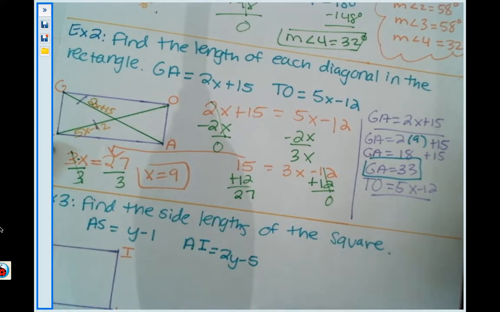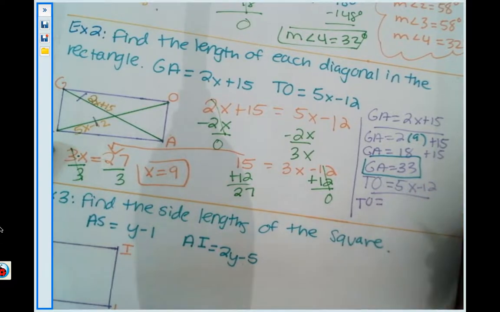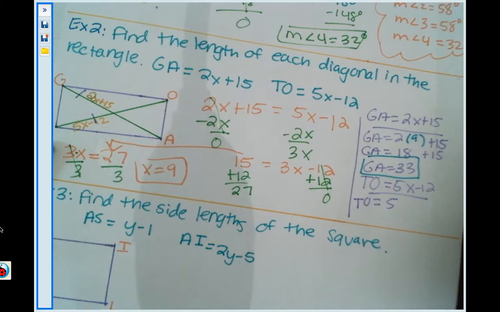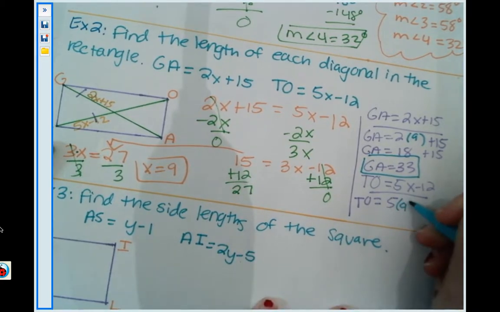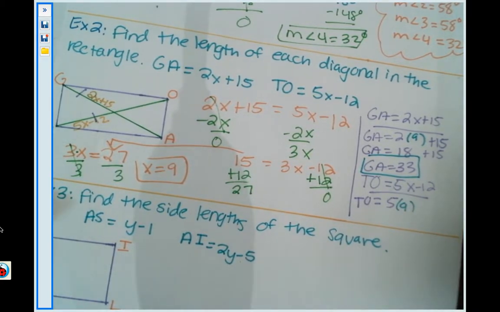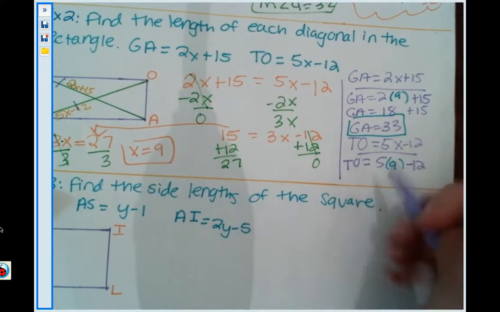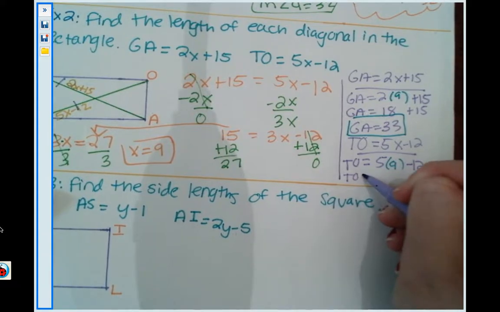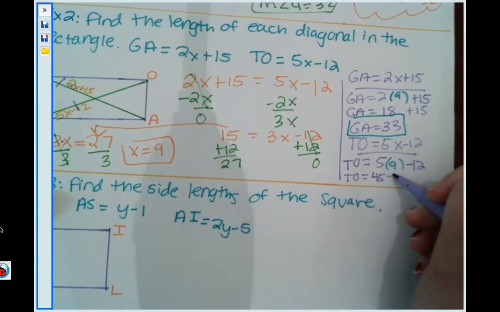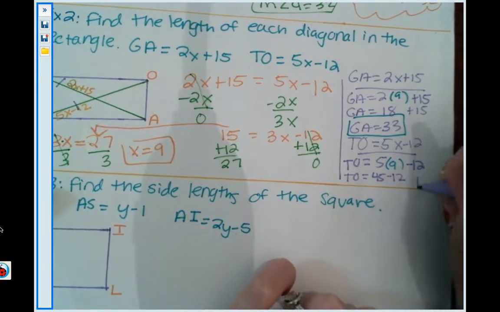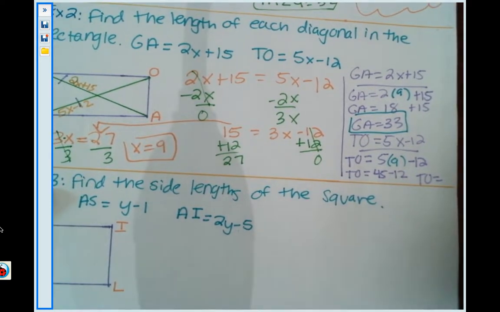TO equals 5 times x, so times 9, and then we subtract 12. 5 times 9 gives me 45, and 45 minus 12 gives me 33. Yay, we got the right answer. So TO equals 33 as well.